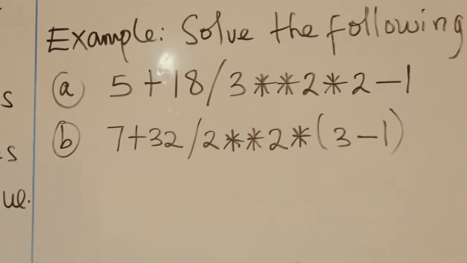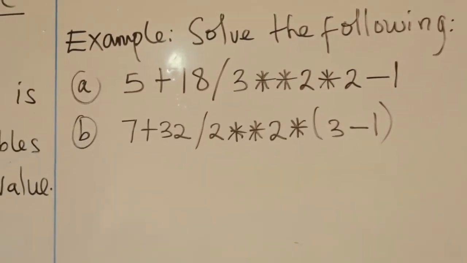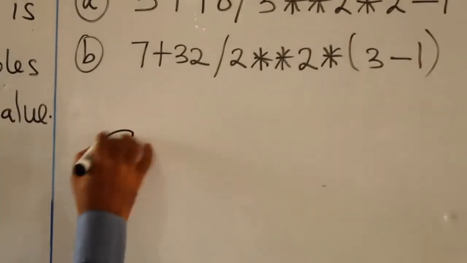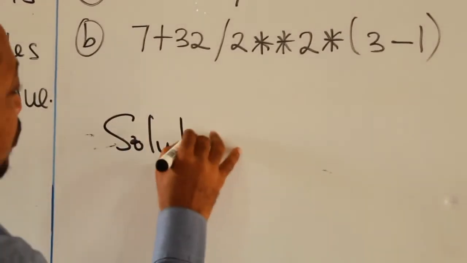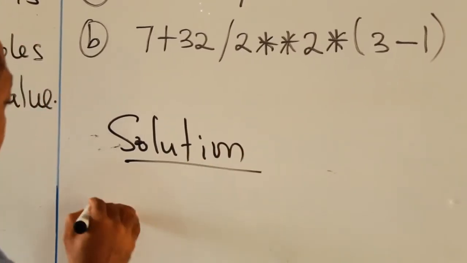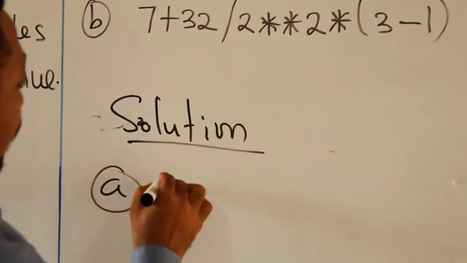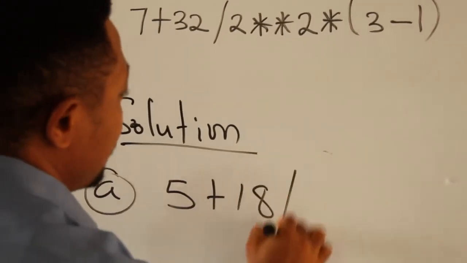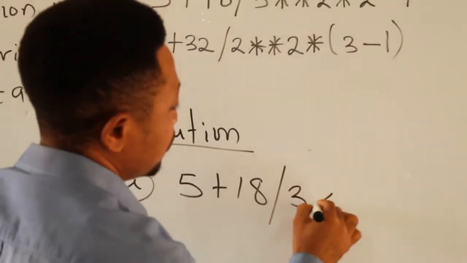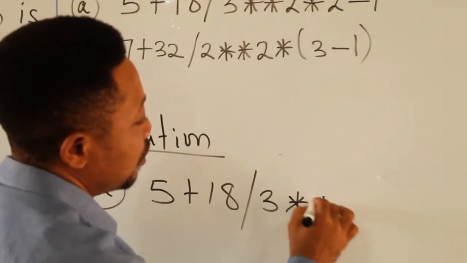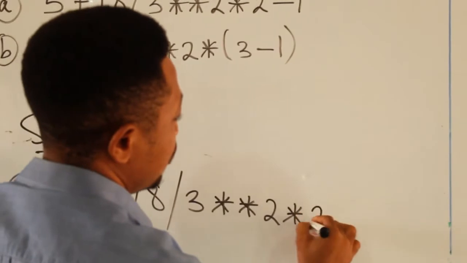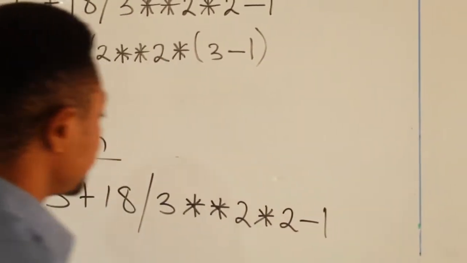Now let's solve the first expression here on the board. Solution A: 5 plus 18 divided by 3 double asterisk 2 and 2 minus 1.